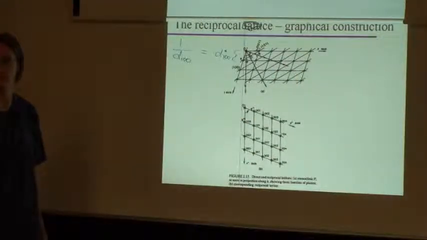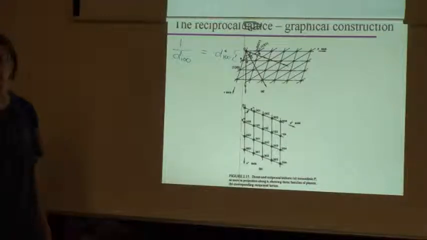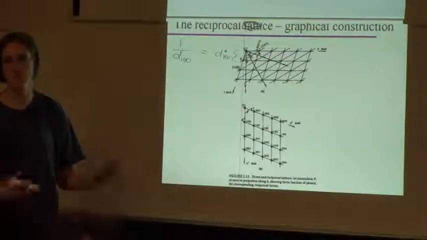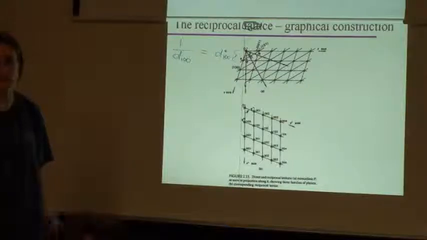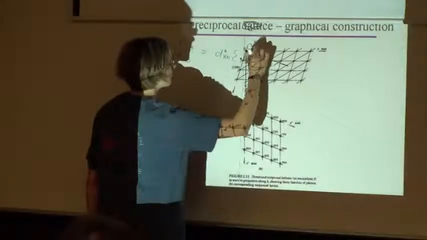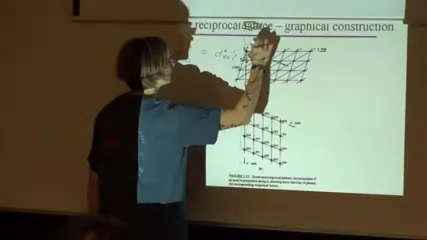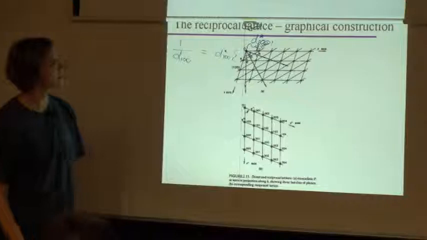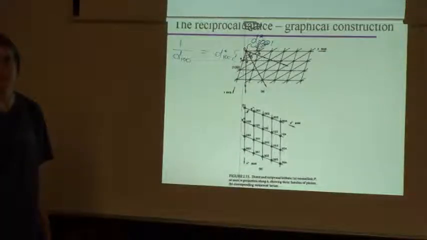Everybody agreed? I would have to take a ruler to measure it exactly. But this is a distance that is shorter than that distance, 2/3 instead of 3/2, something like that. Now, this one is my d star 001, right?